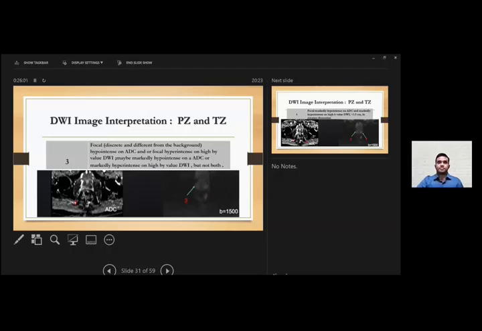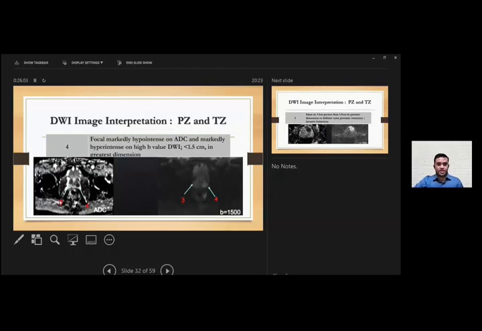However, if we see a lesion which is very dark on ADC and also shows hyperintensity on DWI, then such a focal markedly hypointense lesion on ADC or hyperintense lesion on DWI is characterized as 4, provided it is less than 1.5.